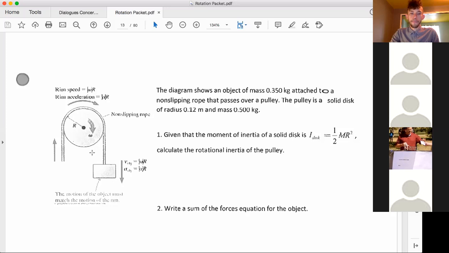So these pulley problems are really, really important that you guys are able to think through them and do them. So let me just go over some important things for that.